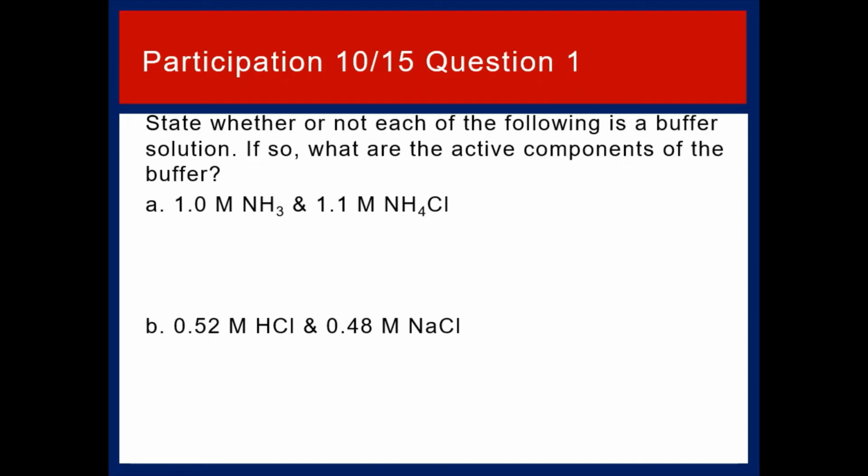First question on participation 1015 due Friday, October 15th at 11:55 p.m. over on Blackboard. Link to the assignment is right below the links to these videos. Again, state whether or not each is a buffer solution, and if so, what are the active components? First solution is 1.0 molar NH3 and 1.1 molar NH4Cl. Second solution is 0.52 molar HCl and 0.48 molar NaCl.